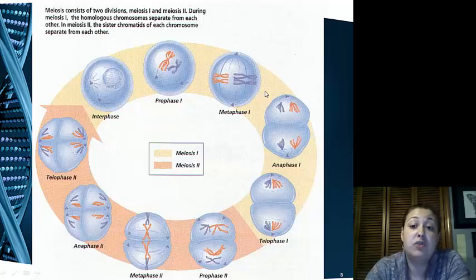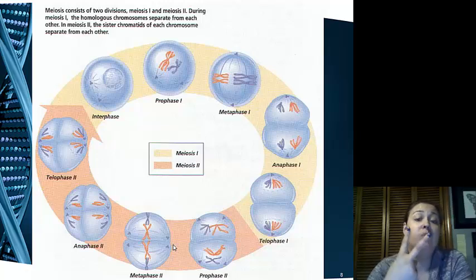The way that you can know that it's prophase 1 or metaphase 1 is you're looking at one cell. Then afterwards, after telophase, you're looking at prophase 2, metaphase 2, anaphase 2, and telophase 2. You know that you're talking about prophase 2 and metaphase 2 because you're actually looking at 2 cells.